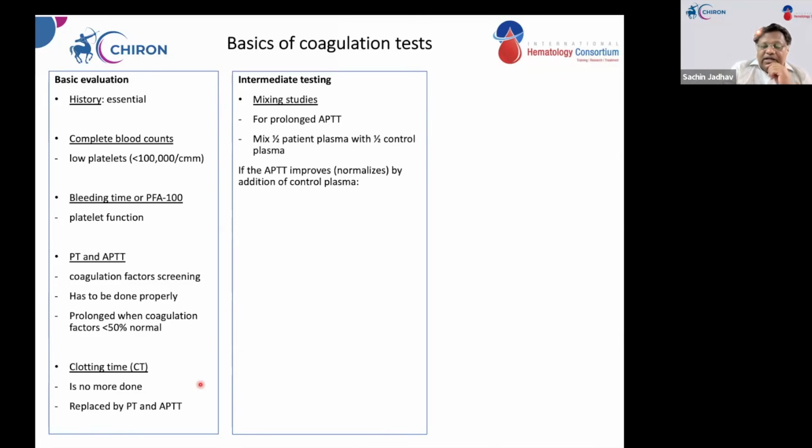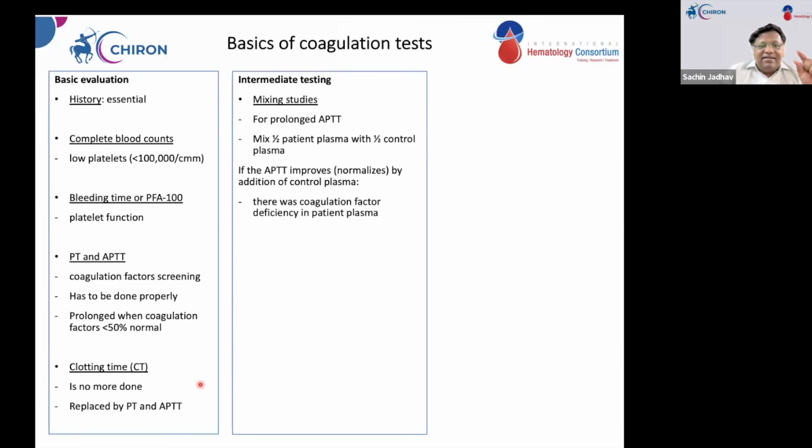Now, by adding control plasma, if the APTT improves, that means if your 60 seconds comes down to say 40 seconds, okay, then that tells us that my patient's plasma was lacking in some coagulation factor, the factor 8 or 9 or 12 or whatever.